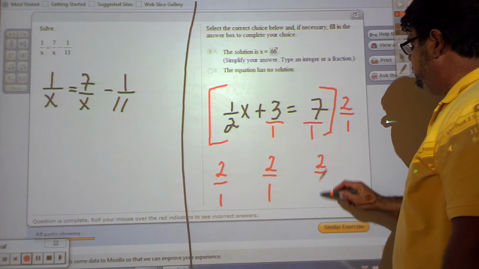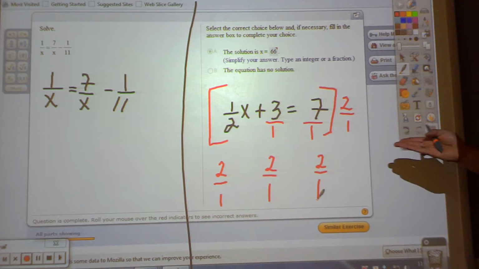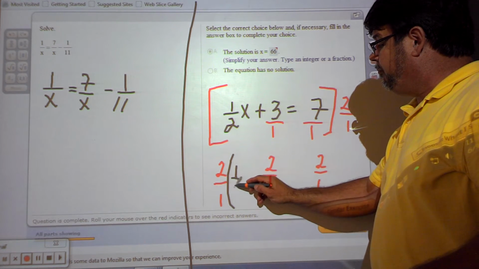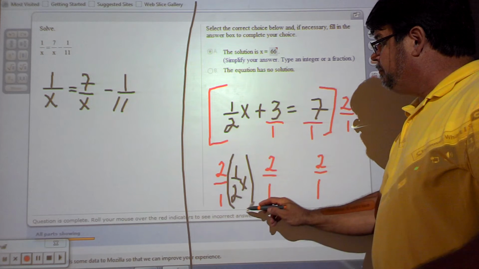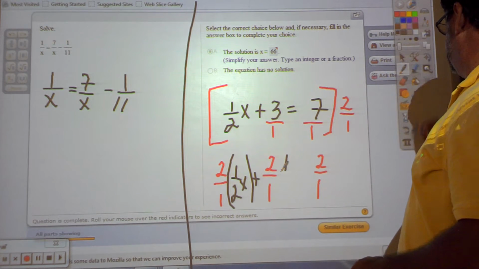Why did I put a baby step in there all the time? Because I know people get anxious when there's a fraction. Those of you that get anxious, just do that. It makes life a whole lot easier. And then write the correct problem down.